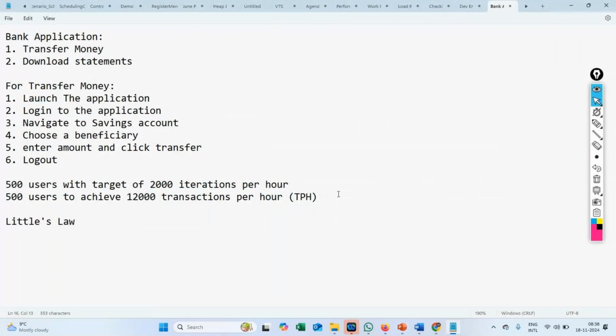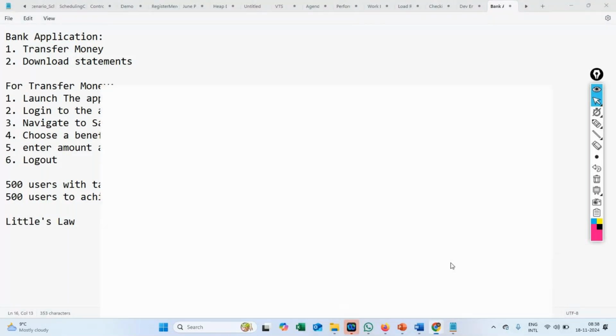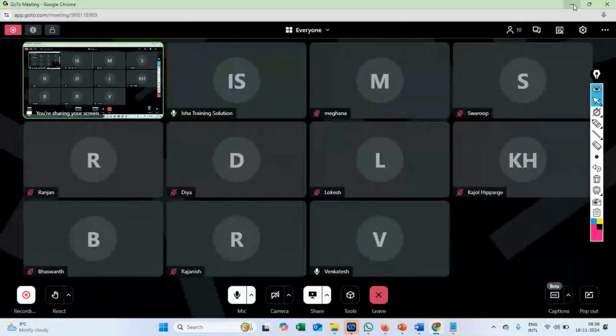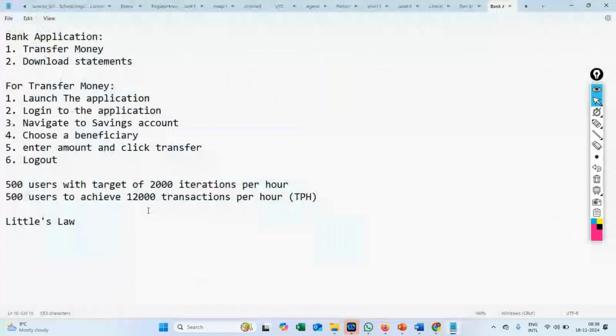Little's law is a formula. The name is Little's law because the one who introduced this formula was named Little.